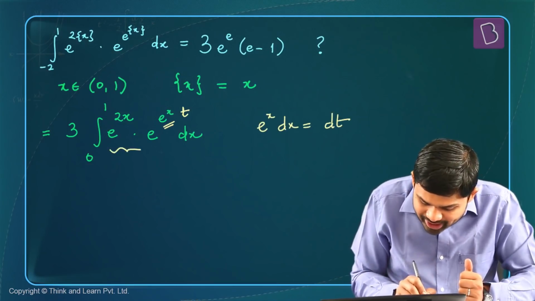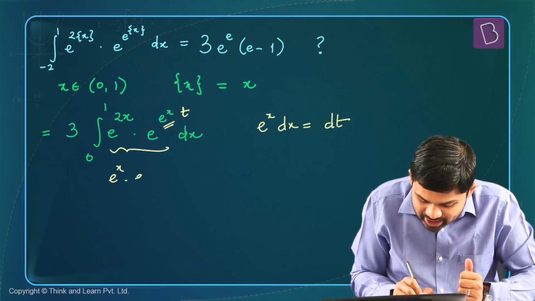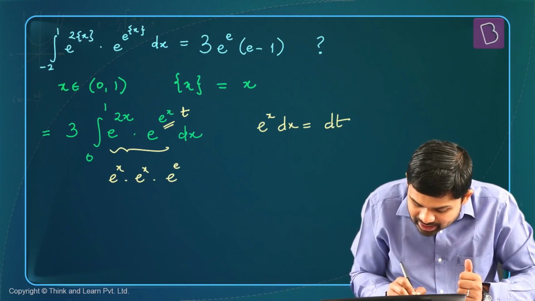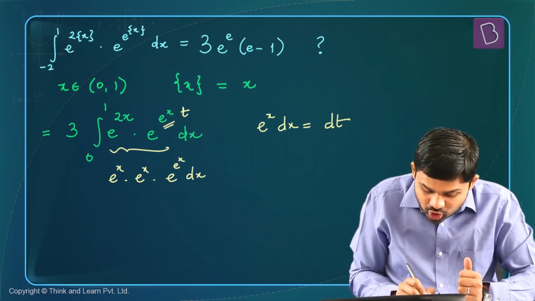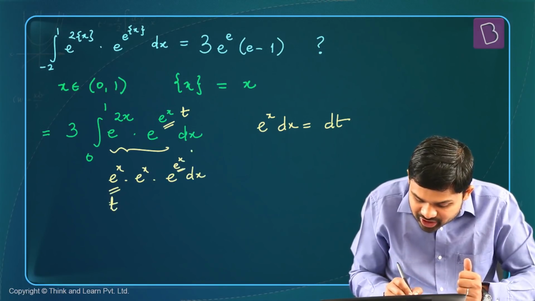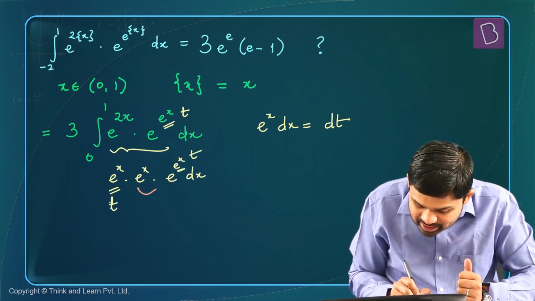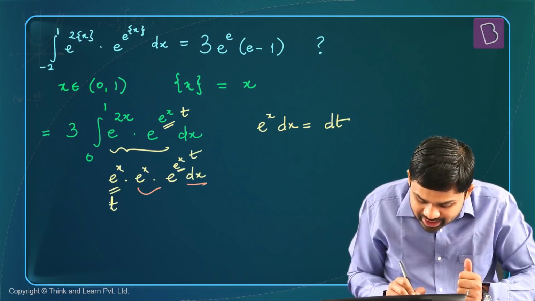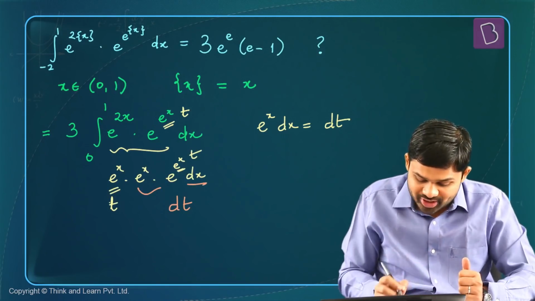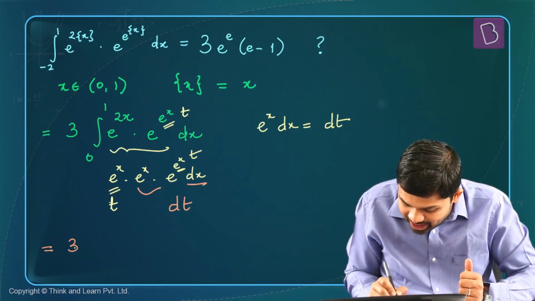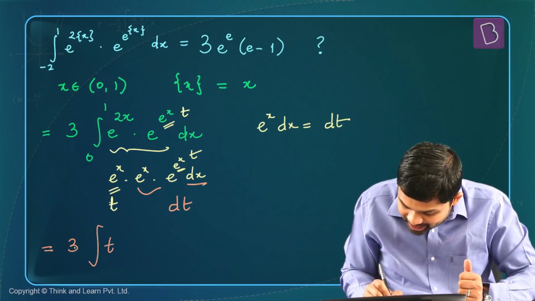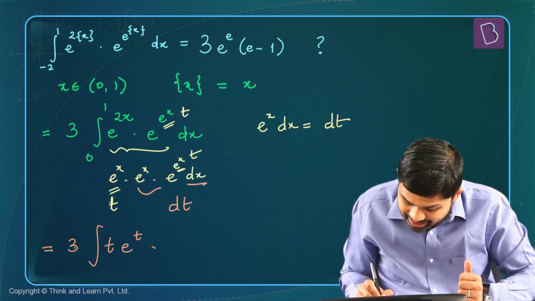So my question statement is e power x into e power x into e power x dx. So e power x is t, e power x here is t, and this portion here becomes my dt. So the question now is nothing but 3 times integral t times e power t dt.